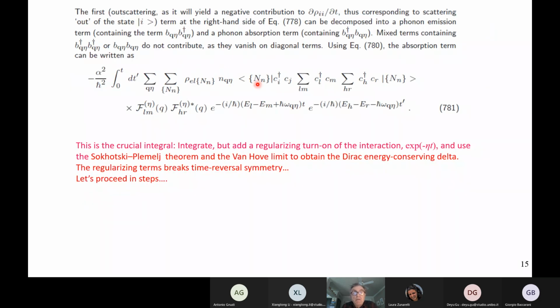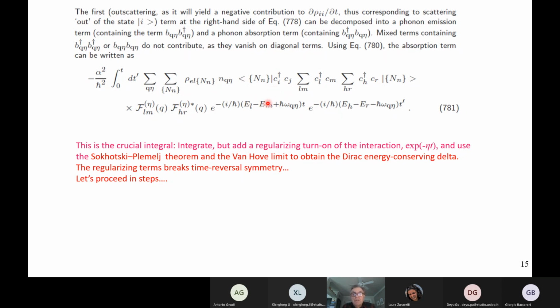Okay, so now we're left with this piece. I took out the alpha square. I have to express explicitly my electron phonon Hamiltonian. This is one of the terms that we have here, particularly for phonon absorption in this particular case. And I have inserted explicitly the time dependence of the operators. Remember that all operators that we have here depend on time according to the Heisenberg picture for the unperturbed Hamiltonian.